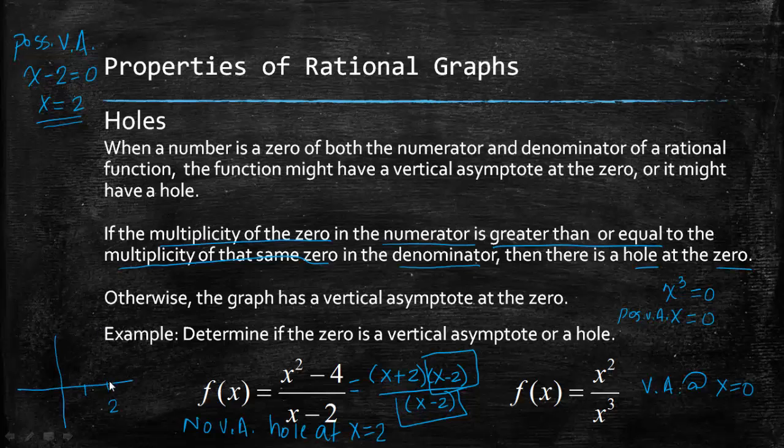I need to find the y value that corresponds to that hole at 2. So for my next example, we're going to go over this again, the whole thing, plus if it's a hole, I need to find where that hole is exactly and precisely.